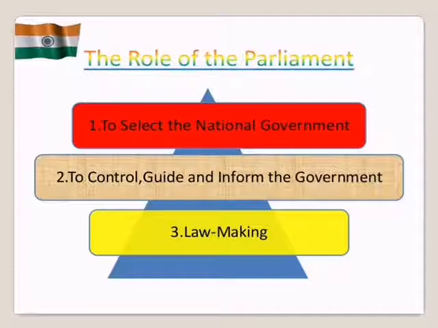The third organ is judiciary. Judiciary is the body which interprets the laws made by the legislature and implemented by the executive. Whether it is applicable or not, this body will judge and finally implement the laws. And the first body, the legislature of India, is known as the Parliament of India.